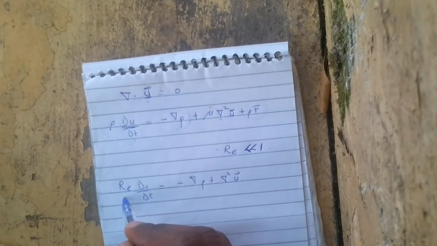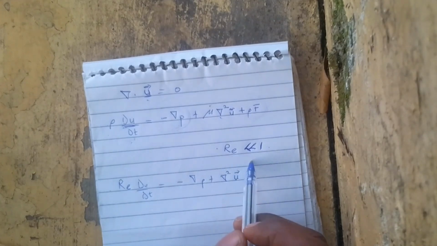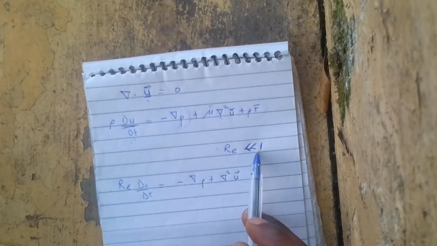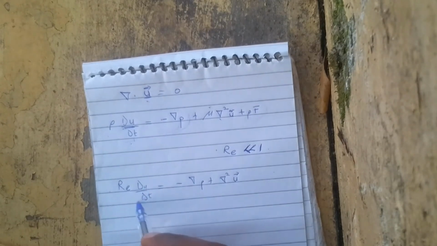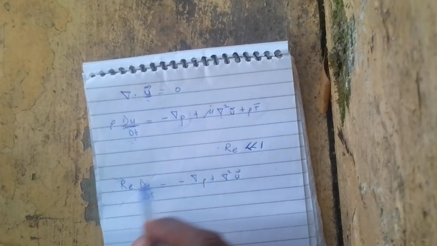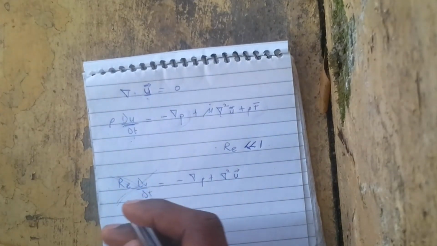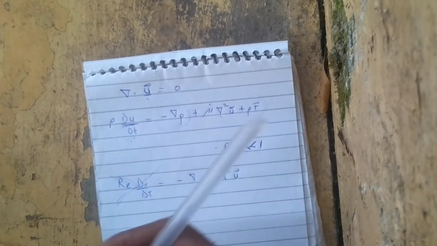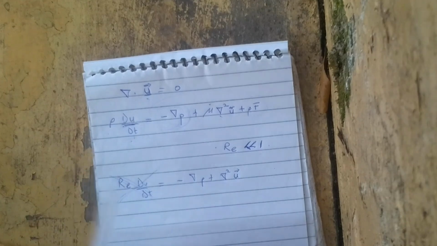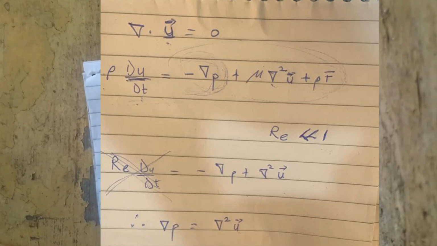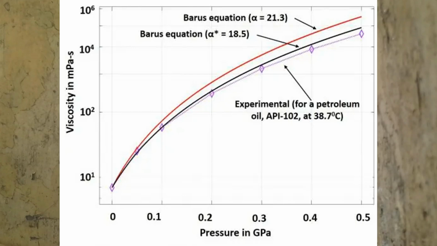So for an extremely small Reynolds number, like a Reynolds number that is less than one, we can cross out this term here. Why? Because acceleration becomes unnecessary when we have a very small Reynolds number. For a fluid with such a small Reynolds number, the fluid will be moving extremely slowly, and that is why we can ignore the acceleration term.